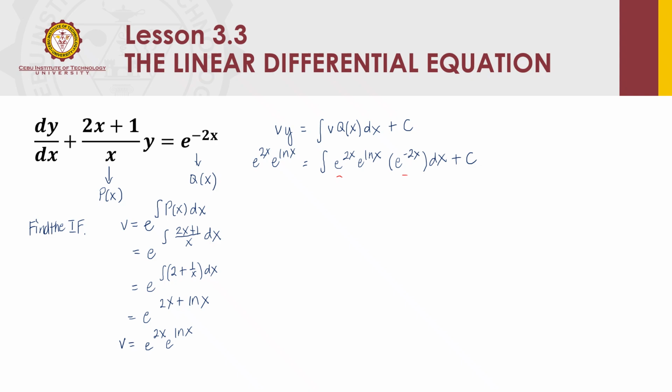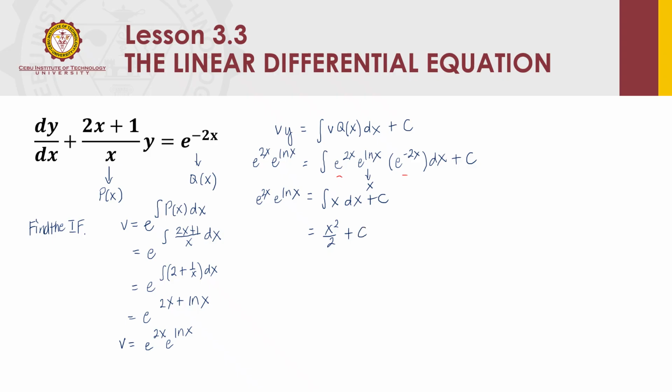Basically, the right side of the equation is simply 1 times e to the ln x, which is just equal to x. So it's the integral of x dx plus c, and then the one on the left side. Integrating, it's x squared over 2 plus c.